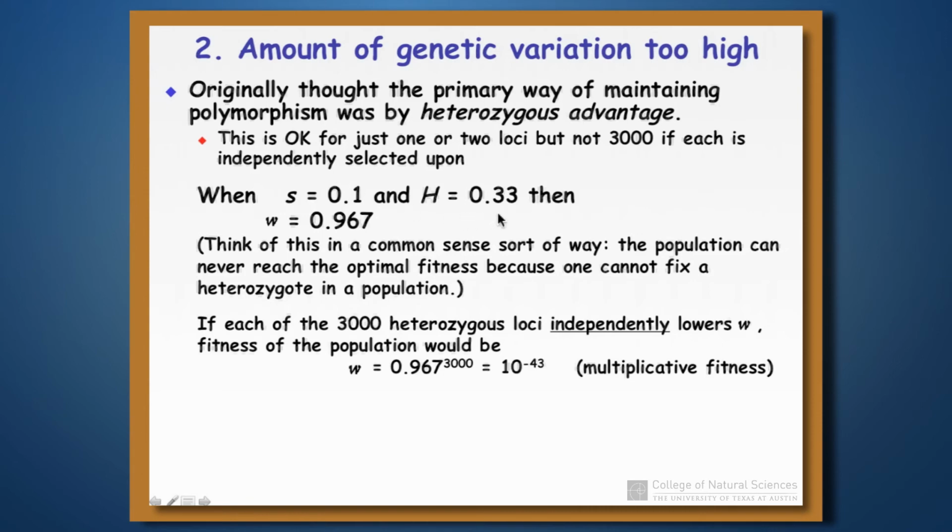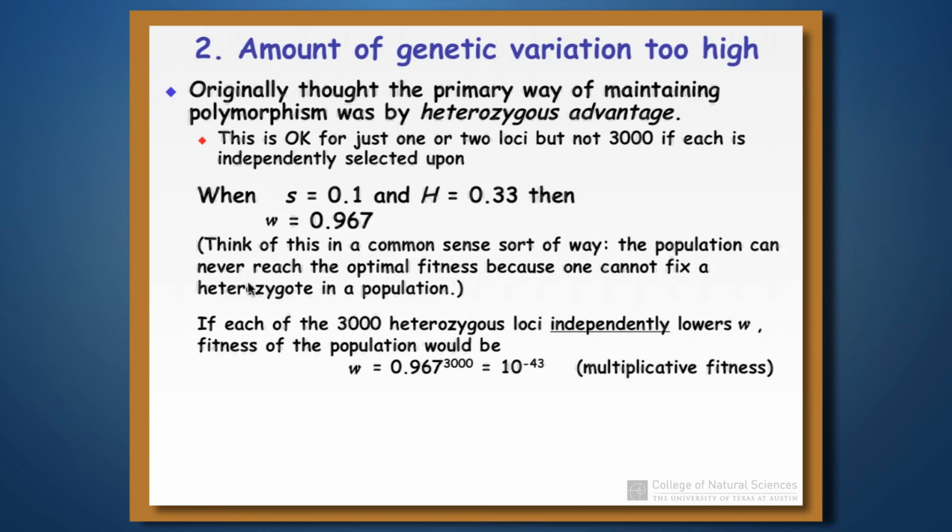And we've already said that the average heterozygosity of one of these loci is 33%. What that means then is that the average fitness in the population under these circumstances is going to be about 96.7%, or 0.967. The population is never going to reach an optimal fitness when you've got heterozygous advantage, because you can't fix one of the alleles.